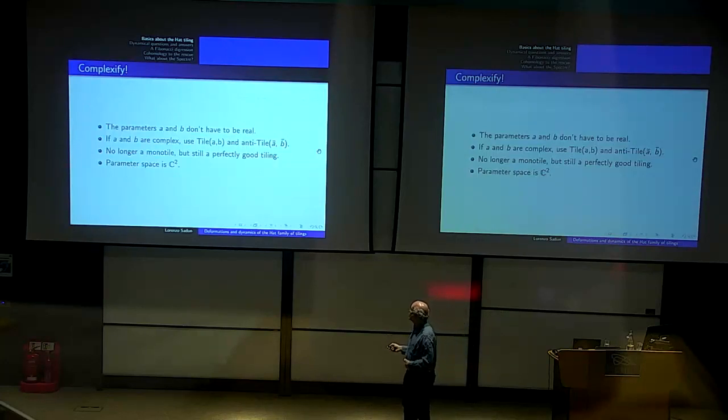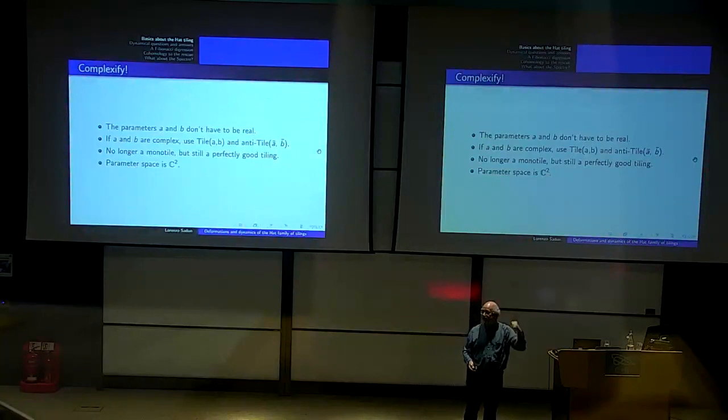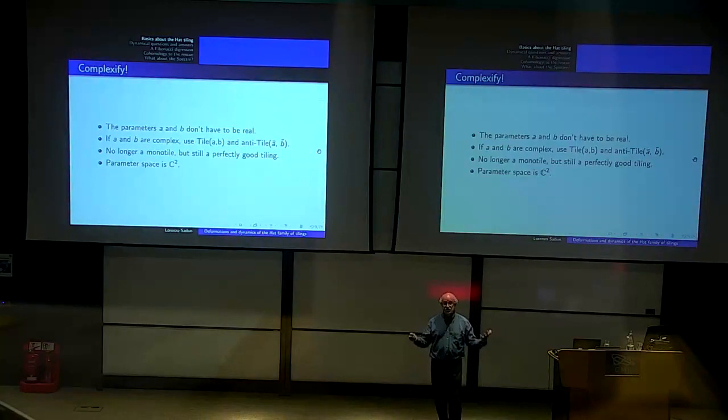But if A and B are complex, then you have two tiles that are no longer isometric. So if what you really care about is monotiles, this is bad. If what you care about is, here's an interesting tiling, let's see what the structure of these tiling spaces look like, then you're fine with it.